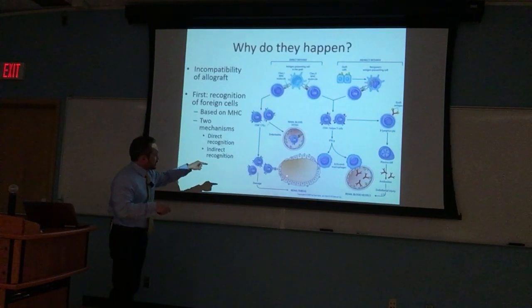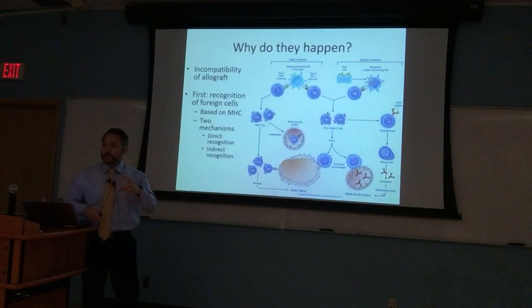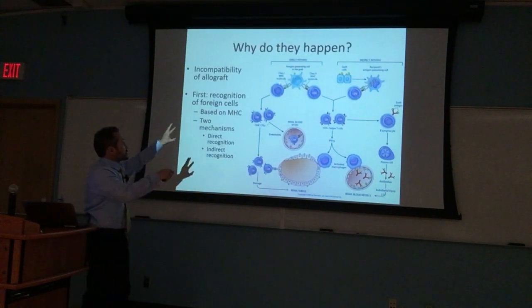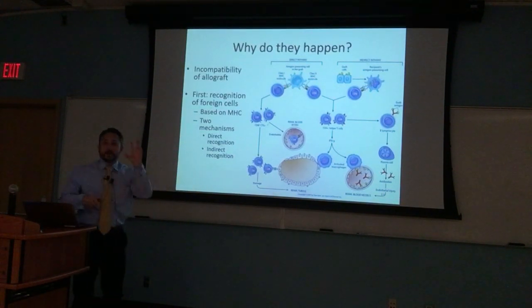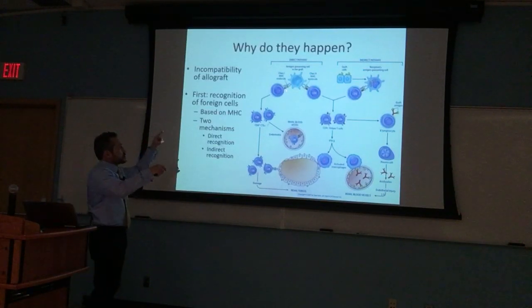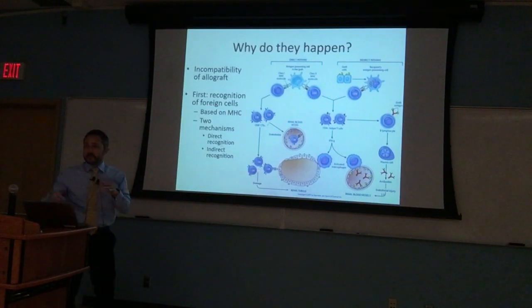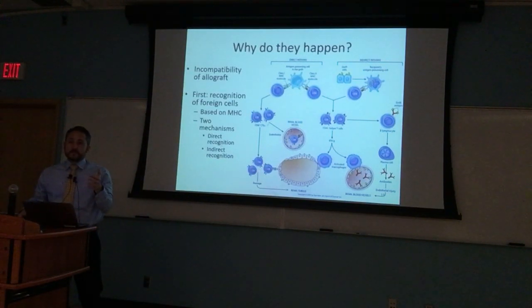And you're also going to get into the renal tubule network and damage or attack the renal tubules, because those are nucleated cuboidal cells, and they are also expressing the same MHC class 1 that it originally saw. Make sense?